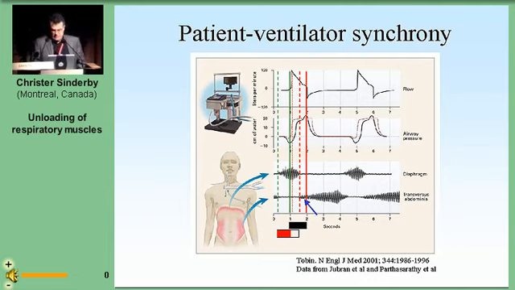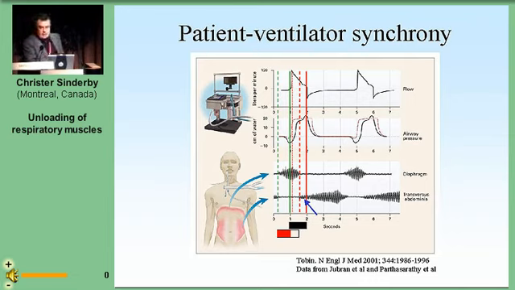Sorry, I missed one point here. The other point is that expiratory flow starts almost immediately, because these patients are hyperinflated and try to breathe out. So we have expiratory muscle activity too, which occurs while the ventilator is still active. And I go back to that point again.